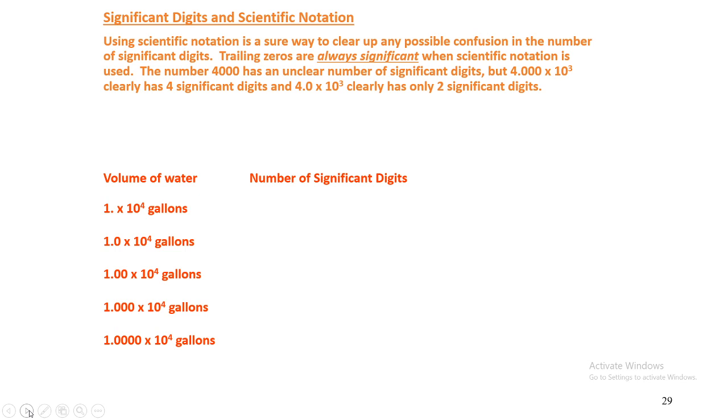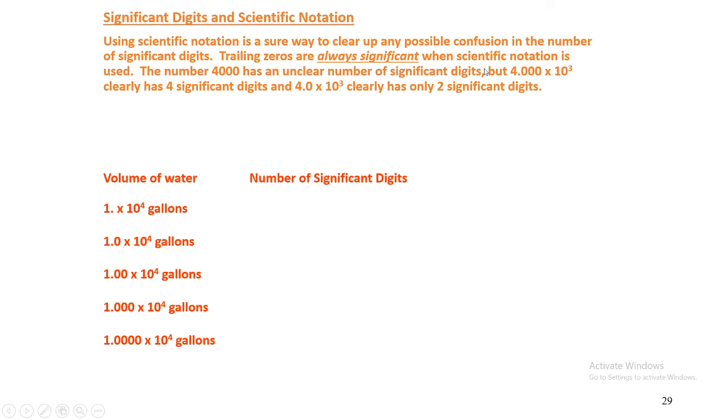The way to work around this is to use scientific notation. Okay, so in other words, like for example, 4,000 here, that has only 1 significant digit when you write it this way. However, when you write it in terms of scientific notation this way, then it's 4 significant figures. So that's 4 times 10 to the third.